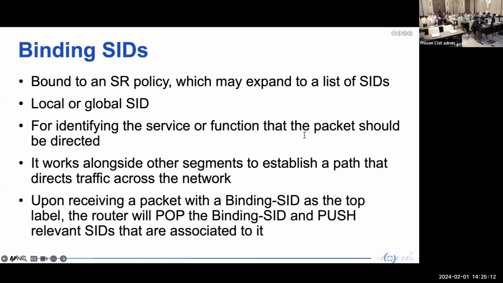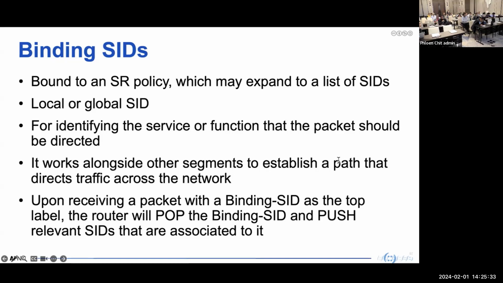It is used in conjunction with other segments, such as prefix seeds and node seeds, to establish a path that directs traffic across the network. Upon receiving a packet with a binding seed as the top label, the router will pop the binding seed and then push the relevant seeds that are associated with that binding seed.